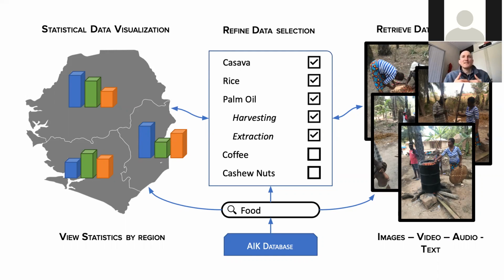And they're indexed according to various different types of classifications. So are they about a specific type of food? Are they about a specific type of processing of that food? So for example, harvesting palm oil. And then we wanted to be able to aggregate those results by region within a country. So the pilot project was set up in Sierra Leone. So we want to be able to aggregate those results by the different regions and districts in Sierra Leone.